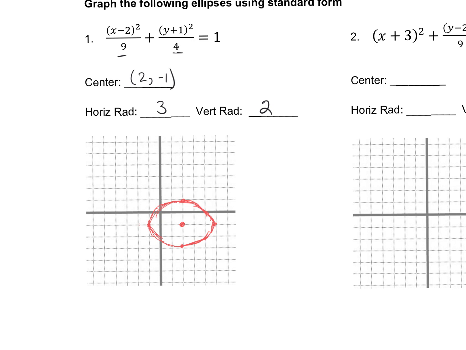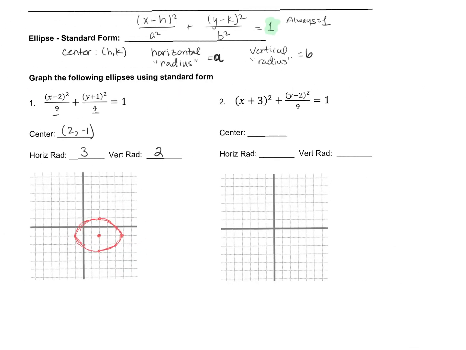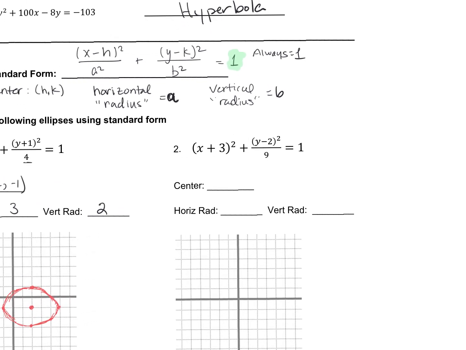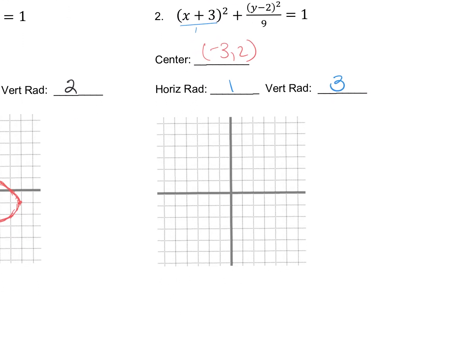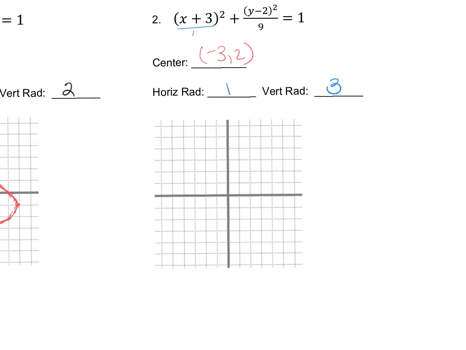All right, so let's try the next one. Everybody okay so far? All right, let's try the next one. So what is our center here? -3, 2. And then what would be the horizontal radius? 1. Okay, so if you put this over 1, the square root of 1 is just 1. And then the vertical radius, the square root of 9 is 3. Okay, so draw that. -3, 2.